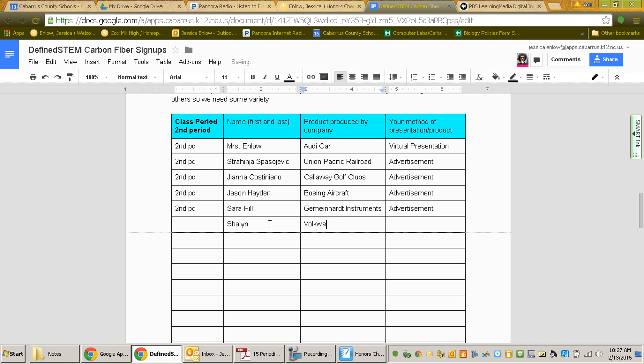No. V-O-L-K-S-W-A-G-E. That doesn't look right. Volkswagen. Yeah. That doesn't look right to me. And then I don't know. What'd you say? What did you do? Okay, you fill that in.